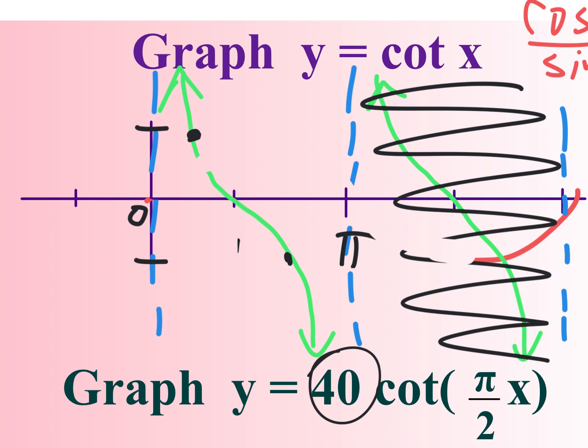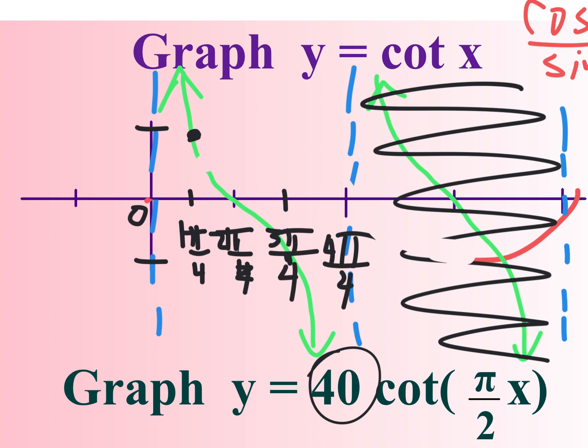And so if this spot here is pi over 2, then where do you think it is? Pi over 4. And then if you can count, 1 pi over 4, 2 pi over 4, 3 pi over 4, and 4 pi over 4.